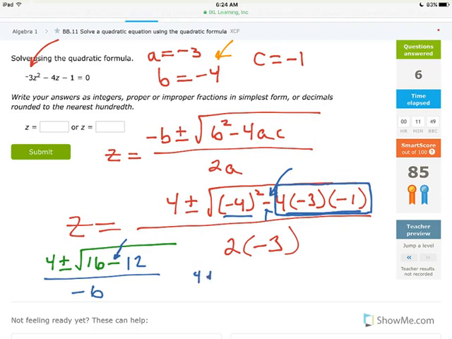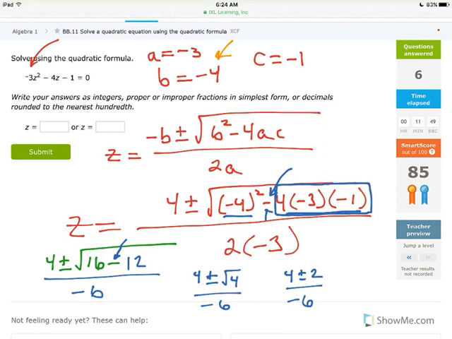So you're going to end up with 4 plus or minus the square root of 4, all over negative 6. And the square root of 4 is 2, so you're going to end up with 4 plus or minus 2 all over negative 6. And then there's your two options. It's 4 plus 2 all over negative 6.